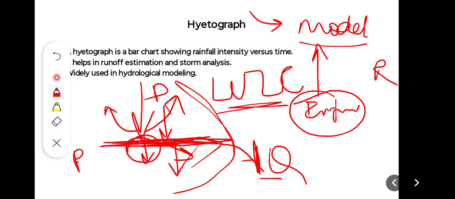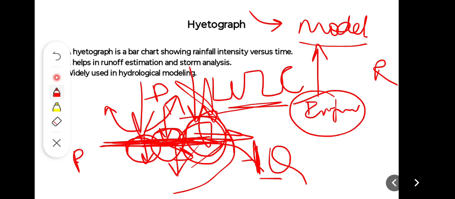If there are agriculture areas or forest areas, the runoff coefficient or runoff pattern will be different from an impervious layer, a barren layer, or a built-up area.